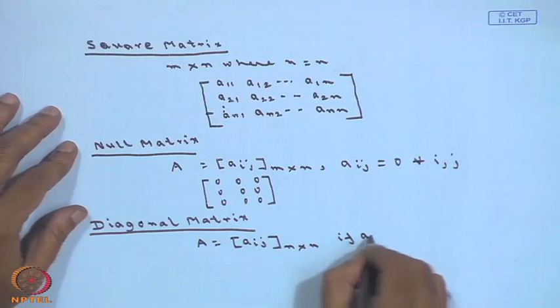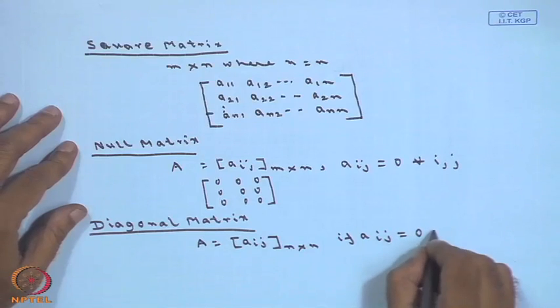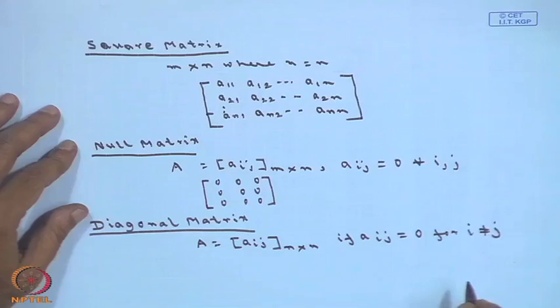If A_ij equals 0 for i not equals j, that is, except the diagonal elements, all the elements are 0, then that matrix we call the diagonal matrix.